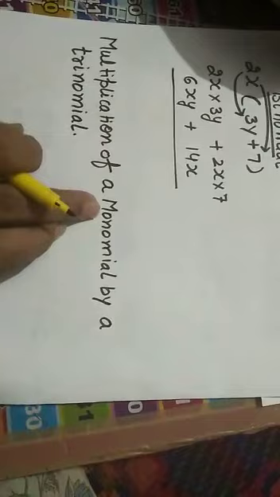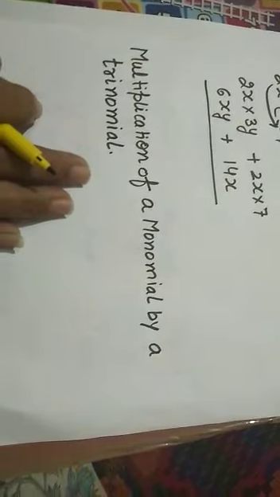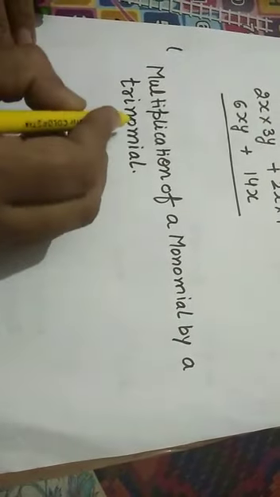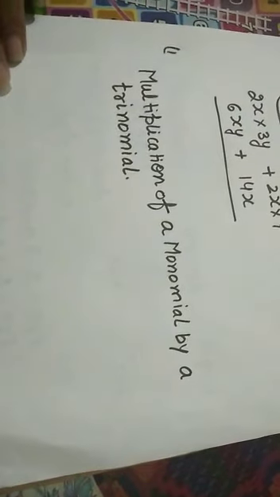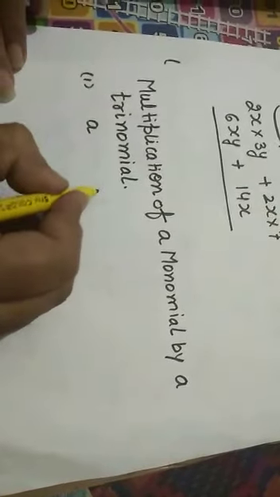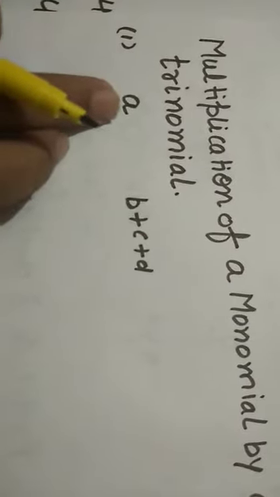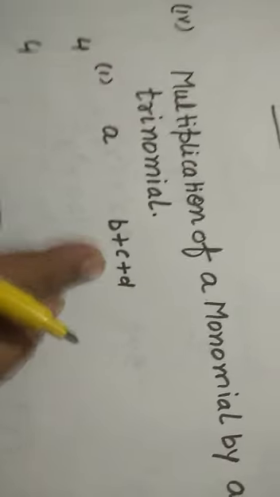Now next we have multiplication of a monomial by a trinomial. So question number 2 of the exercise, in this monomial and trinomials are given to you. In the first part they have given the first expression a and the second expression b plus c plus d. Now you can see they have given it in the form of a table, but you will be doing this question in your notebook. Now how to do this one? You have to multiply one monomial with a trinomial.